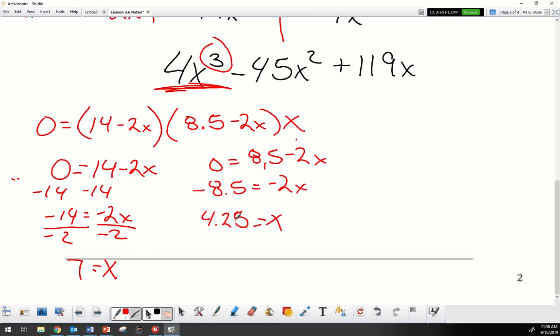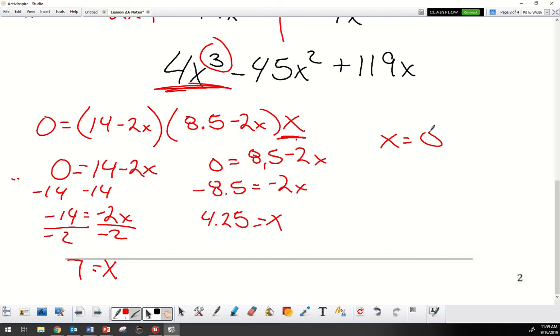Okay. So, positive 4.25. And then what about this last one right here? X is equal to 0, because I have to set each multiple equal to 0, x is equal to 0 there.